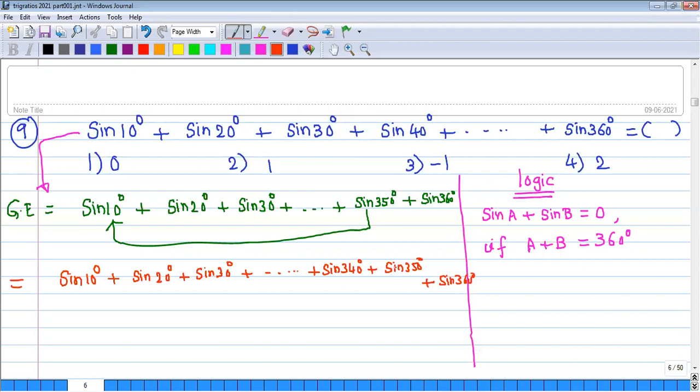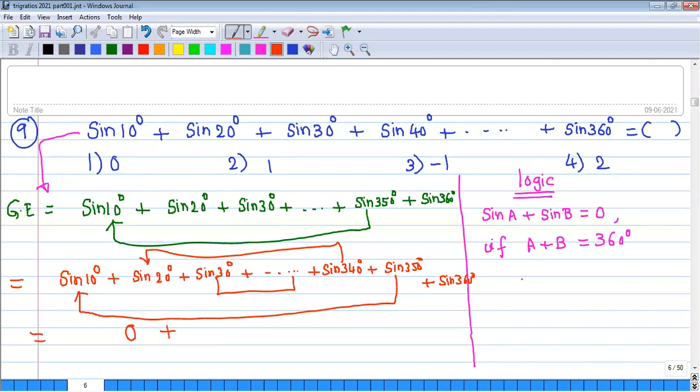Right. See, sin 350 plus sin 10, sin 340 plus sin 20. Before that, sin 330 plus that one. Every term becomes 0, 0, 0. This becomes 0 plus sin 360.